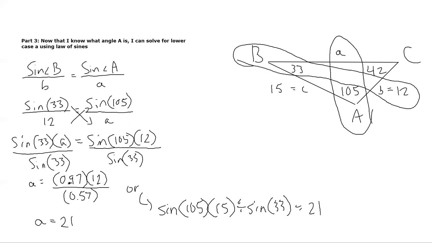So I have sine of capital B divided by lowercase b equals sine of A divided by lowercase a. All right, that is my law of sines. Now I substitute.